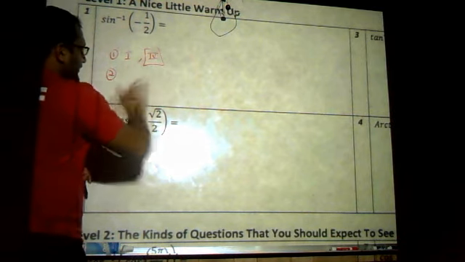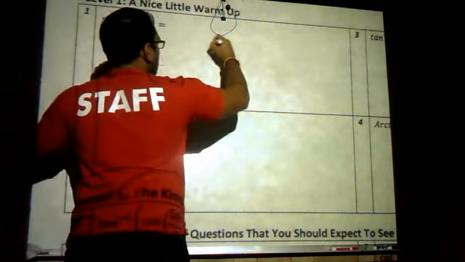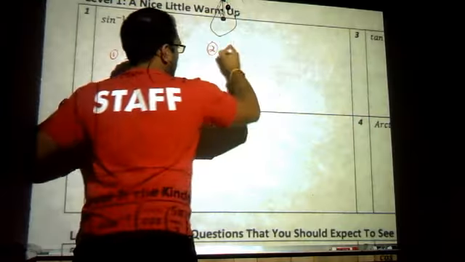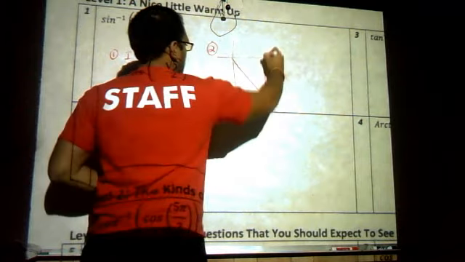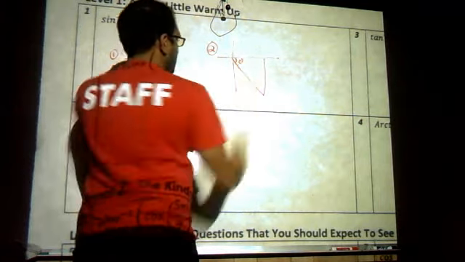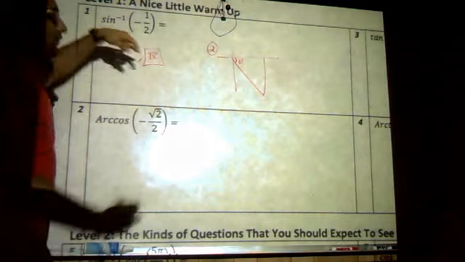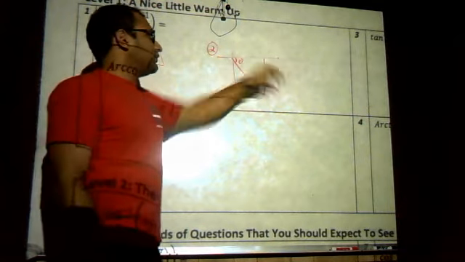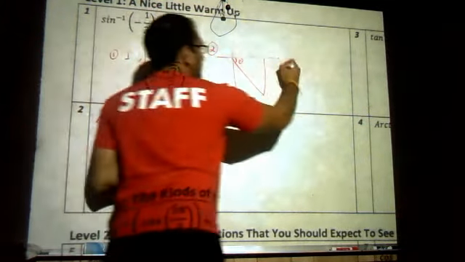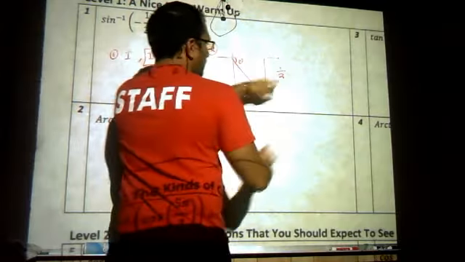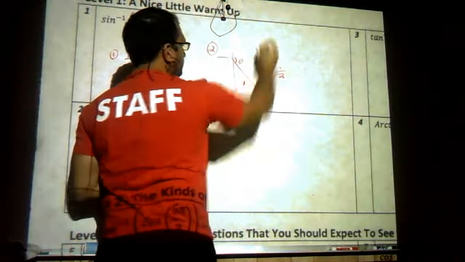I'm going to draw this over to the right so you can see it more clearly. In the fourth quadrant I have a triangle with some value theta that I'm solving for. If the sine of theta gives me negative 1/2, I know sine is opposite over hypotenuse. So the opposite has to be negative 1/2 over a hypotenuse of 1.